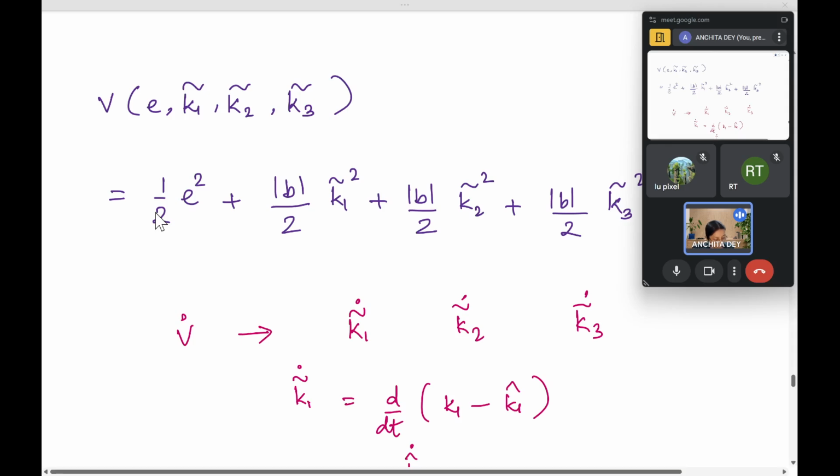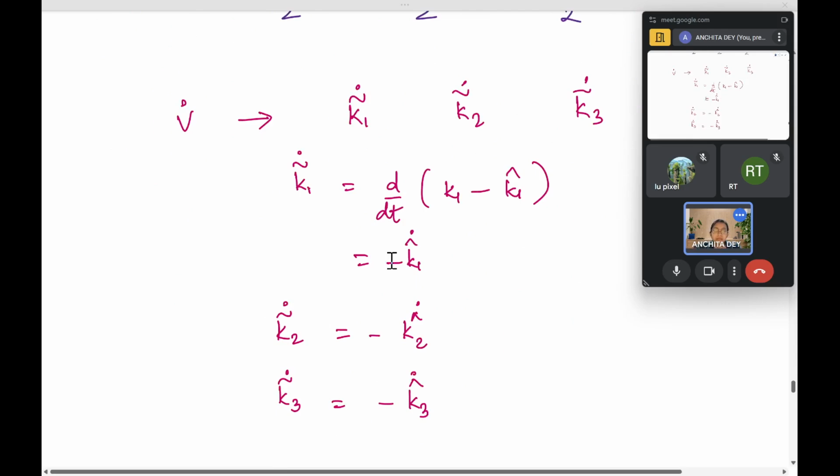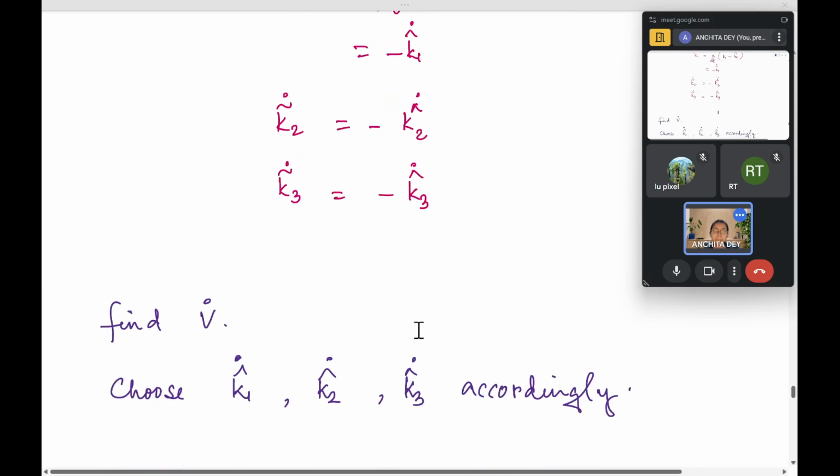Then you have k2 tilde dot equal to minus k2 hat dot. K3 tilde dot is equal to minus k3 hat dot. Okay. So yeah, this is the scenario. You use these cases and then appropriately find the adaptation law for k1 hat dot, k2 hat dot, and k3 hat dot. Okay.